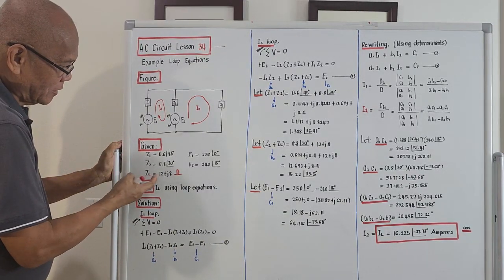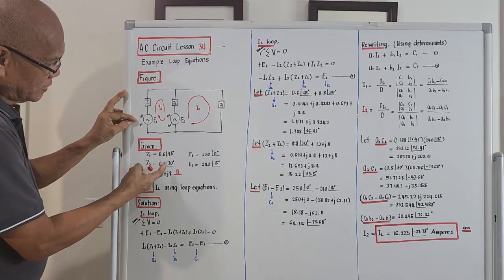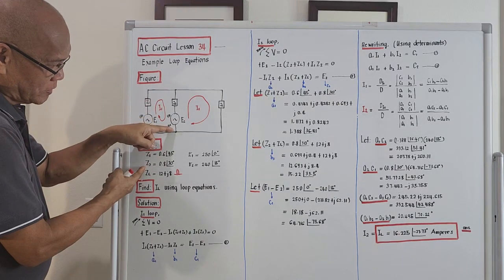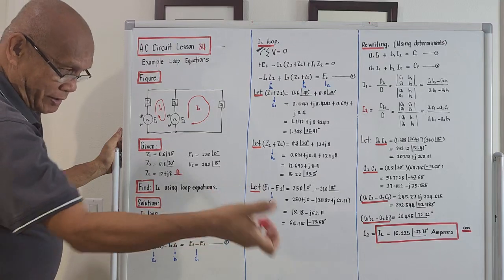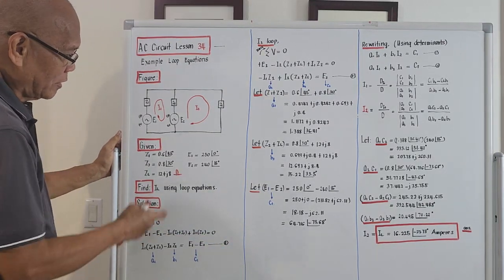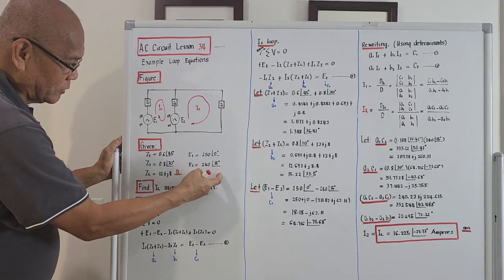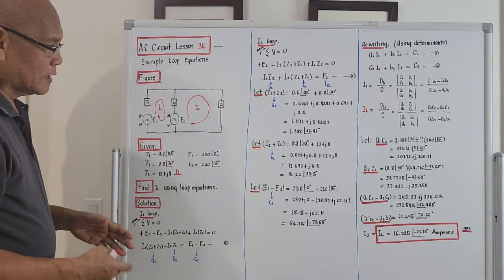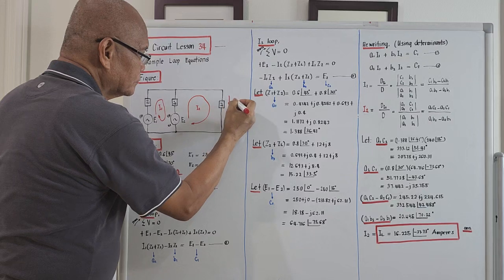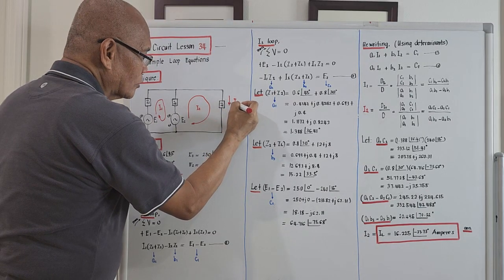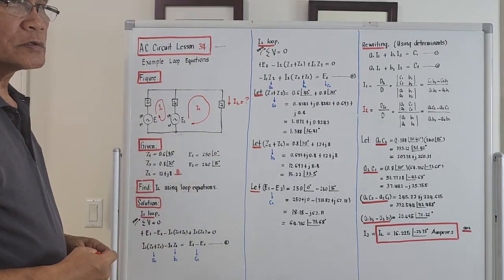Z1 is the internal impedance of E1, Z2 is the internal impedance of generator number 2, Z sub L is the single equivalent load I was referring to a while ago, and voltage source number 1 is 250 angle 0, voltage source number 2 is 240 angle 15 degrees. The problem is only asking for the current passing here. What will be I sub L by using loop equations?